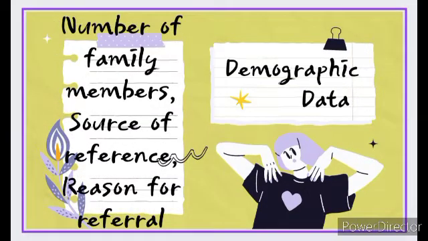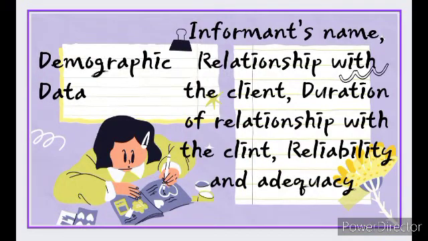After that, number of family members, how many family members are there. Source of reference: the people or individual who referred them to you, that information you should include. Reason for referral: why they are referred, that's also important. After that, the informant's name.